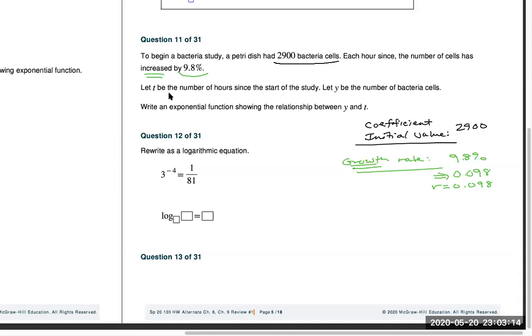Next, T is the number of hours since the start of the study. That's going to be your input, which is the exponent, and then y is going to be your function.